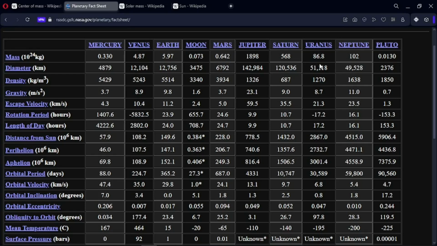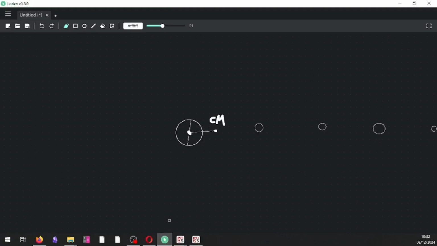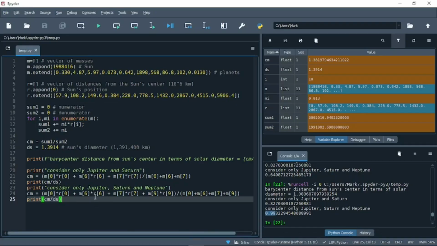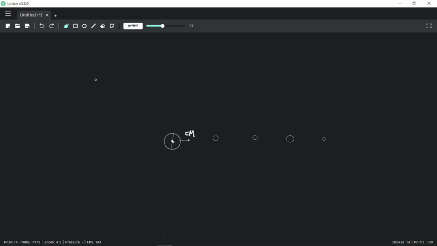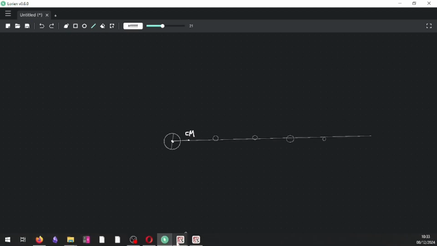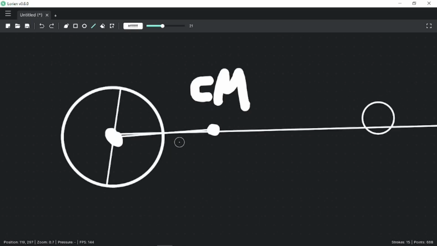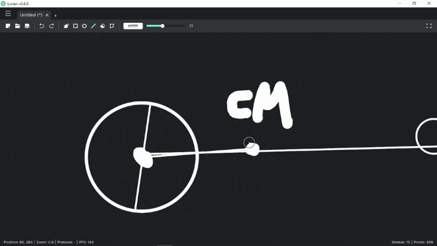Of course, also Uranus, if we include also Uranus here, this value is closer to 1.08. Of course, this reasoning is very approximate. This is a limit case where all the planets are aligned.